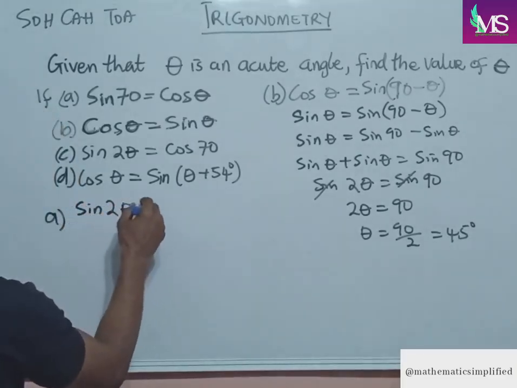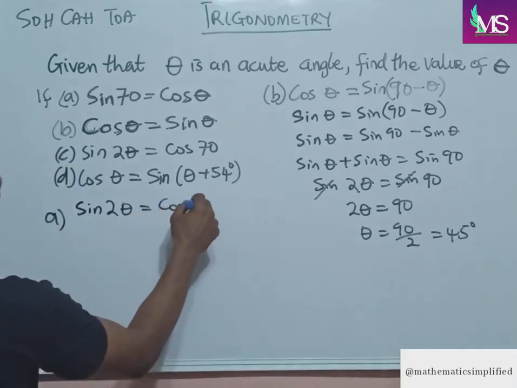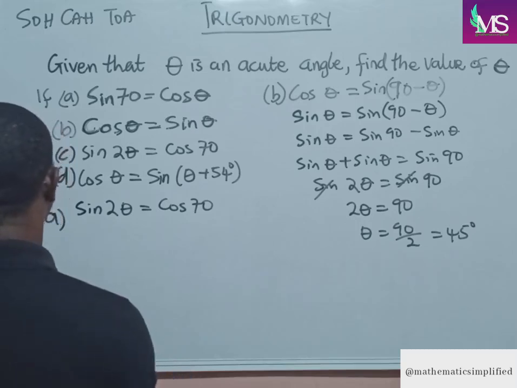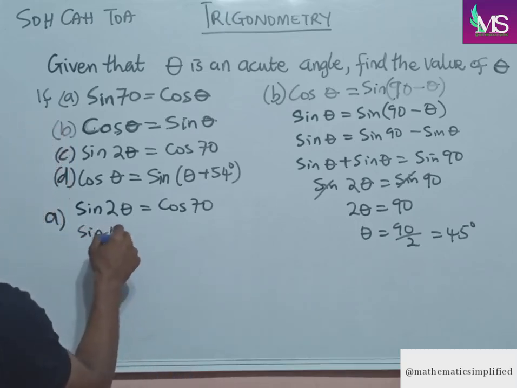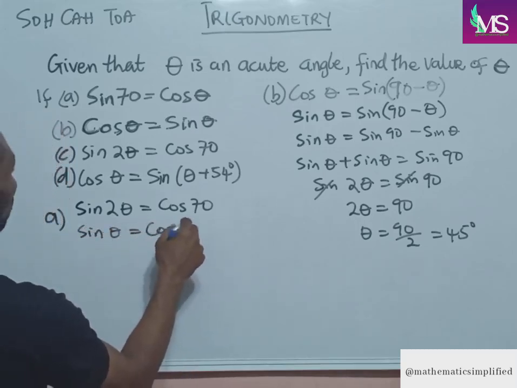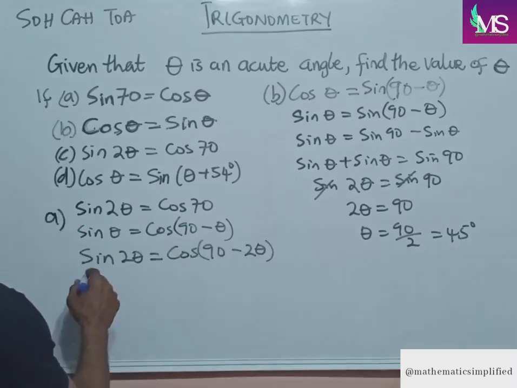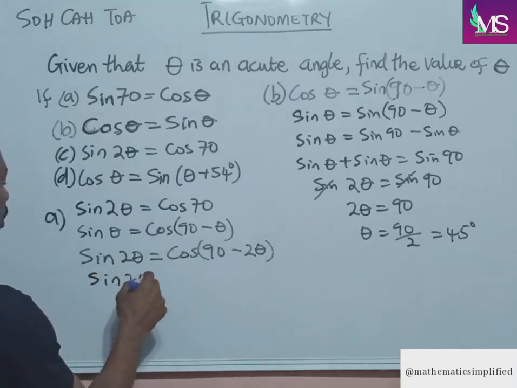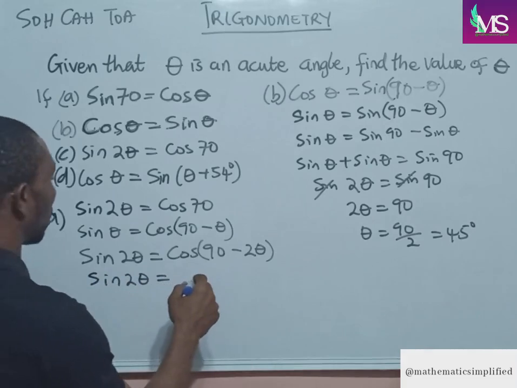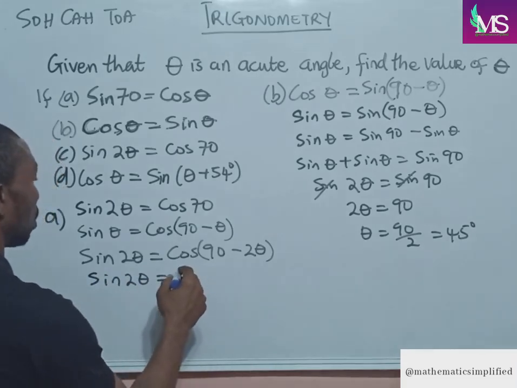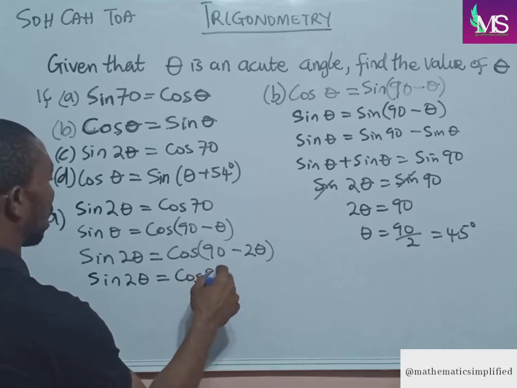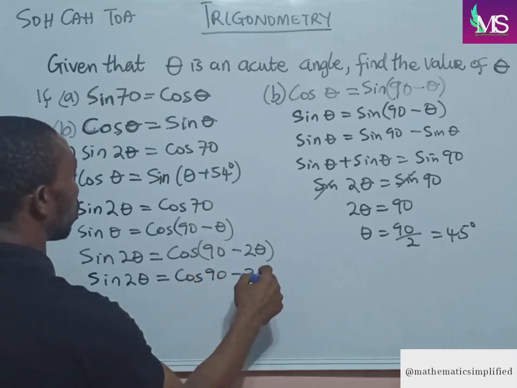Sine 2 theta equals cos 70. Now, bearing in mind that sine theta is cos 90 minus theta, sine 2 theta is cos 90 minus 2 theta.